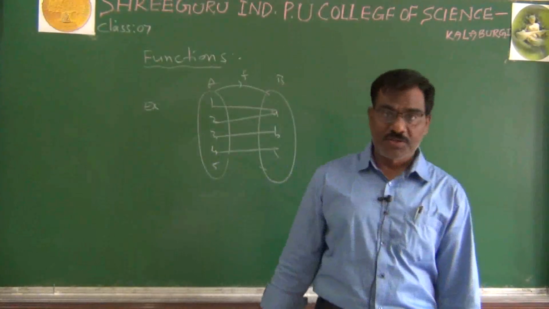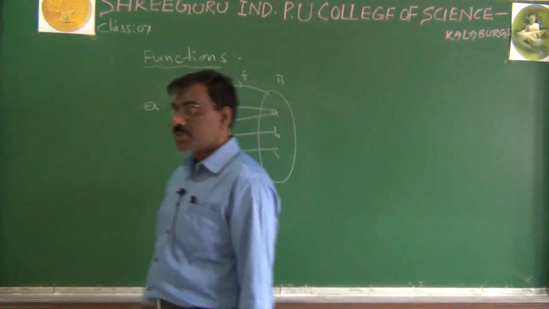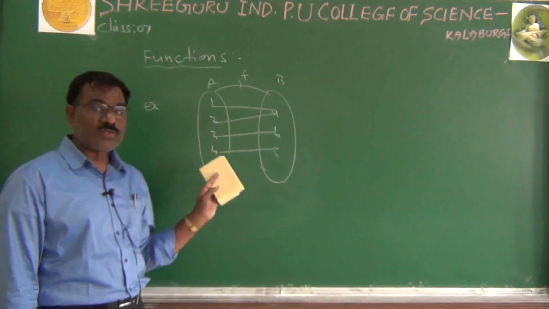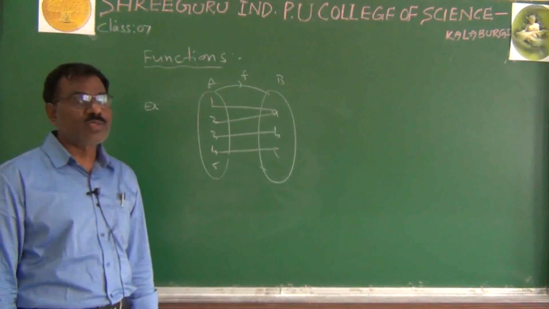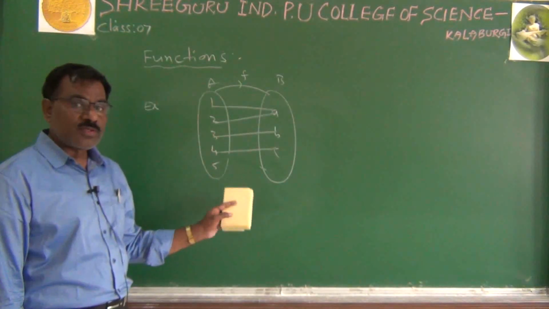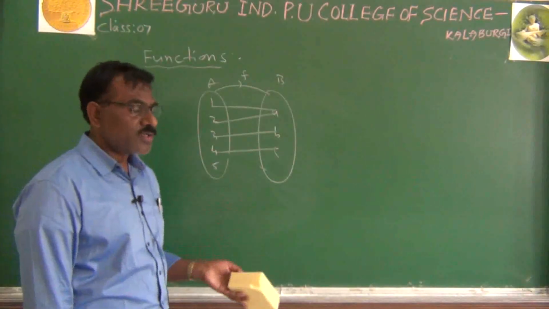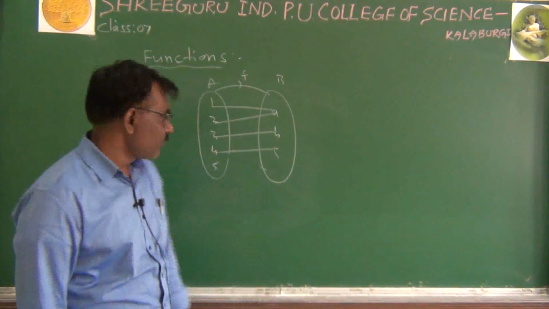This is not a function, because what is the function definition? All the elements of set A are associated. But here 5 belongs to A, but 5 is not associated to any element of set B. So f is not a function from A to B.